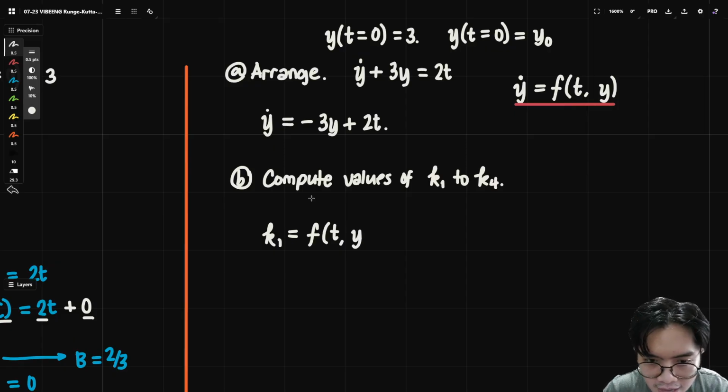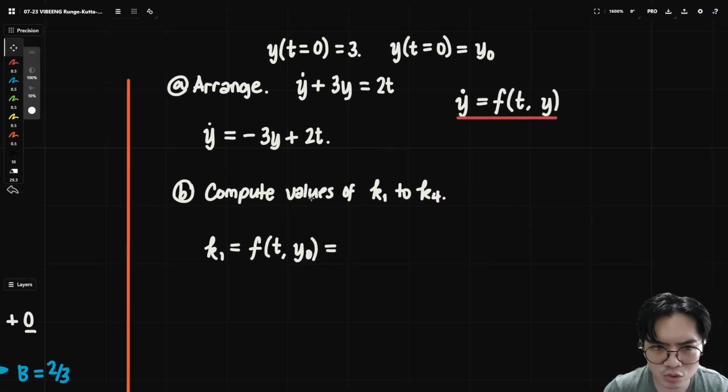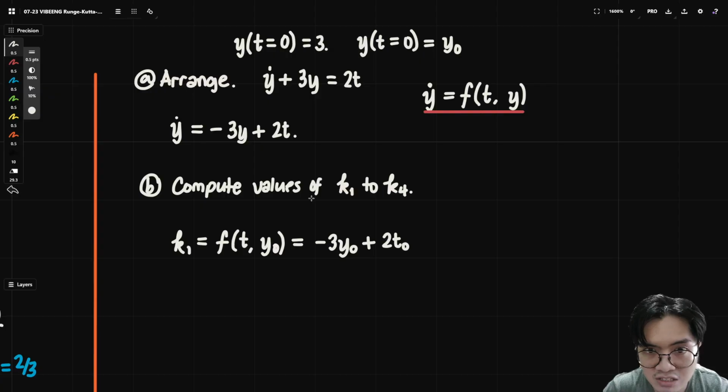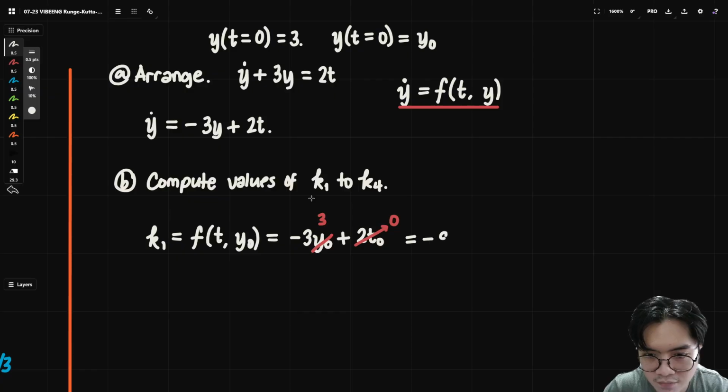Unahin muna natin value of 0. Let's just try this out. Negative 3 times y0 plus 2t0. Ang t0 natin is literally 0 seconds. So 0 yan. Ito naman is going to be 3. So this will be negative 9.